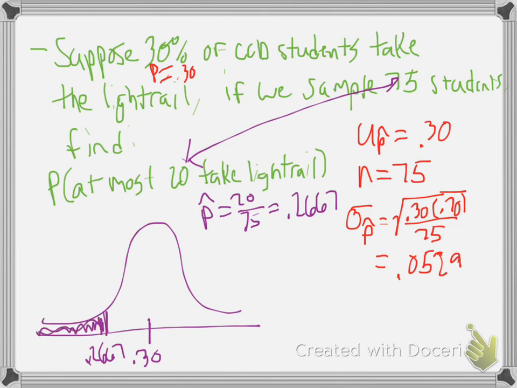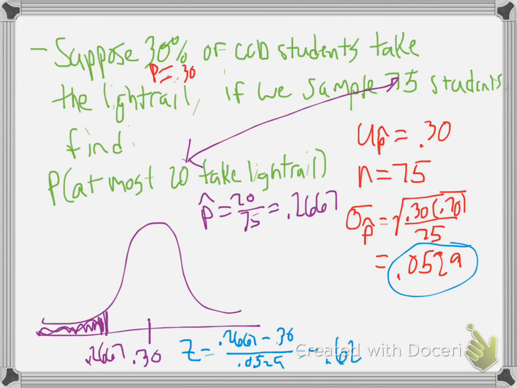So to find this area, we need to do a z-score. We get the observation, which is 0.2667, minus the mean, which is 0.30, divided by the standard deviation, which is 0.0529. Plug that in, and we get negative 0.6295. That's our z-score.